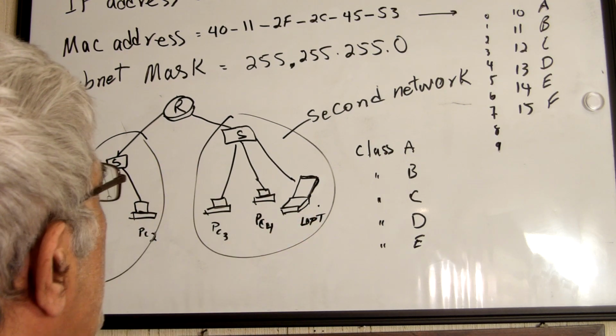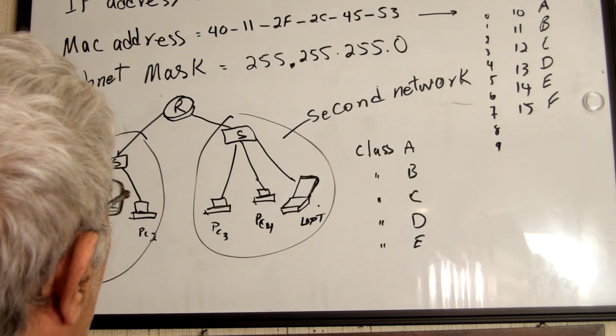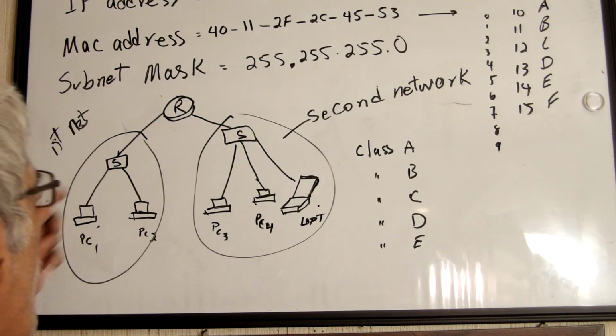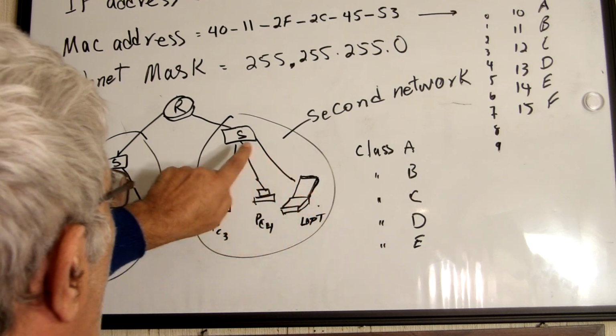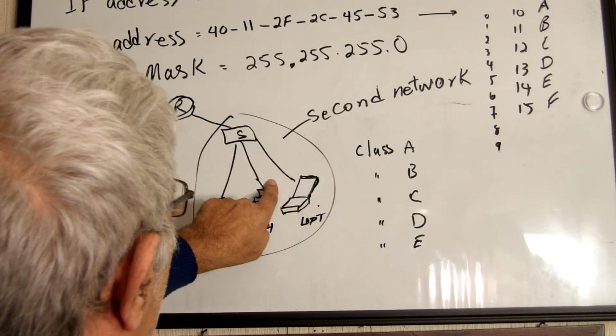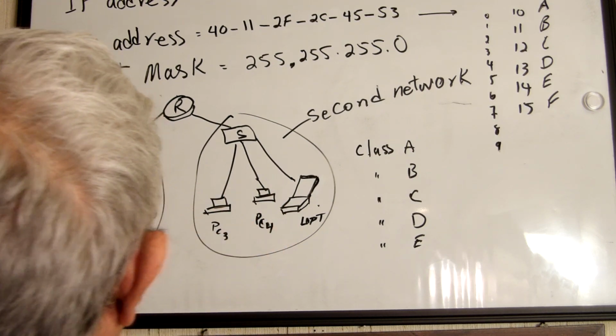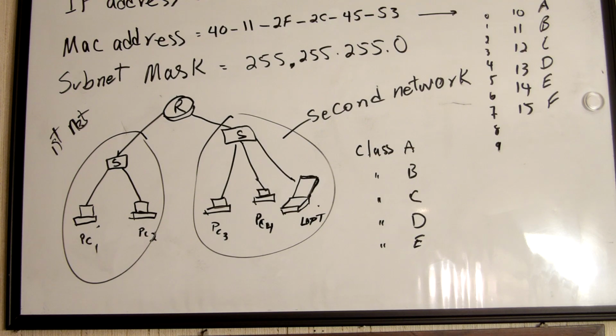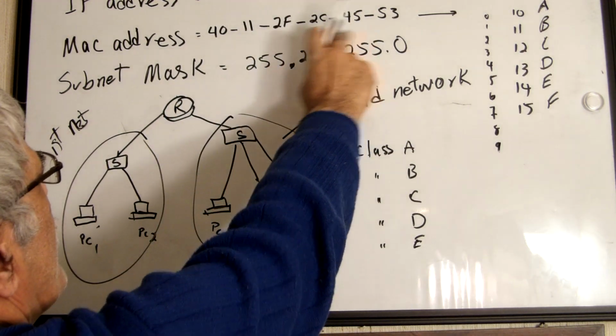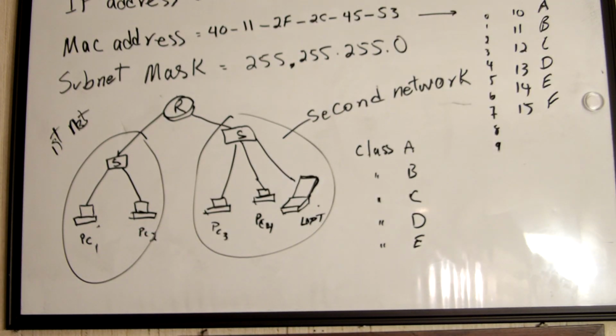To find the other computer and send a message to it, you've got to have the IP of this one and the IP of that one, and also the MAC address. A MAC address is just six pairs of hexadecimal numbers.